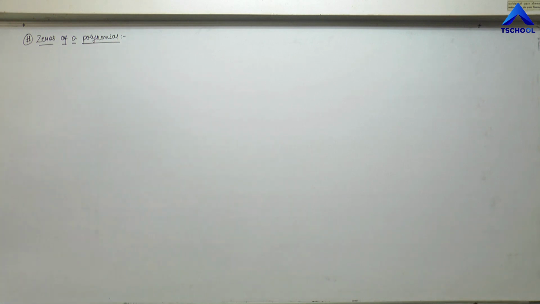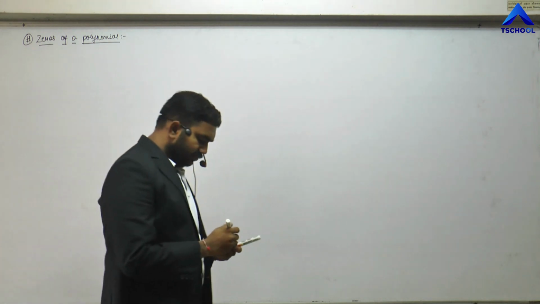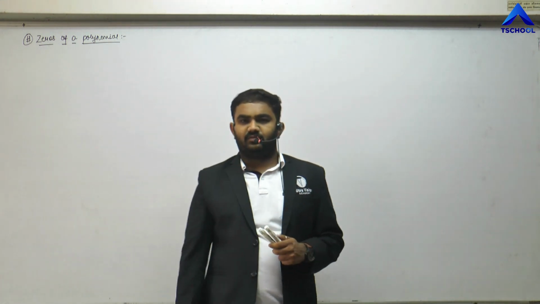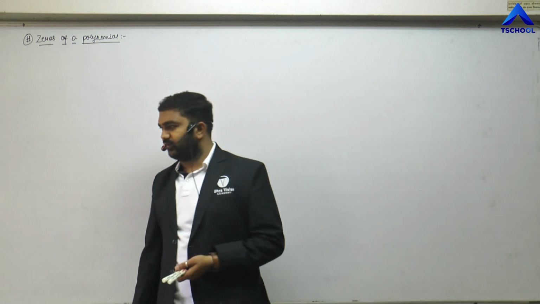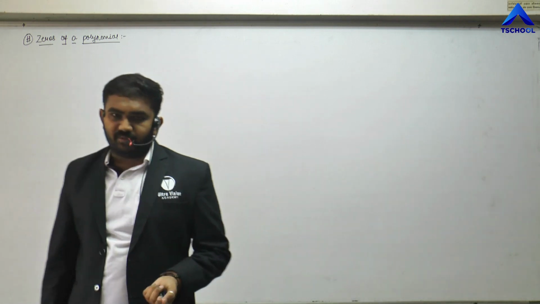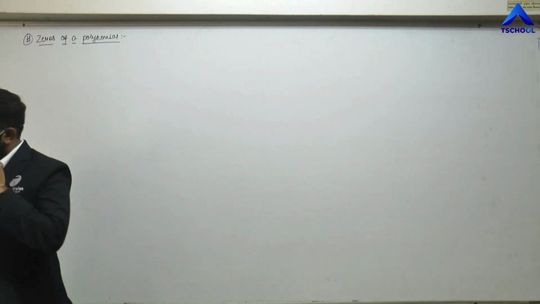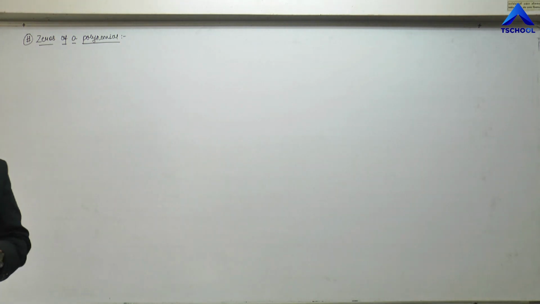Zeros of a polynomial. Zeros, what do you mean by zeros, or simply zero? When it comes to a zero, we come with a thing in mind that it will be round in shape, it has no value before a decimal point, and if it has every value after a decimal point, right?